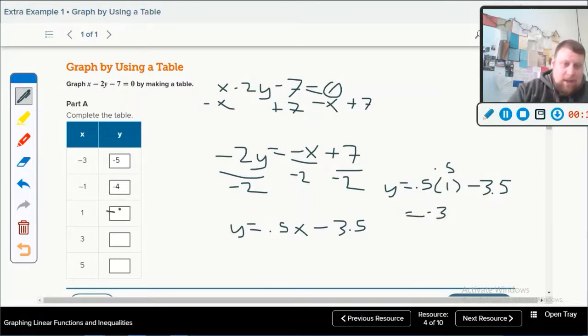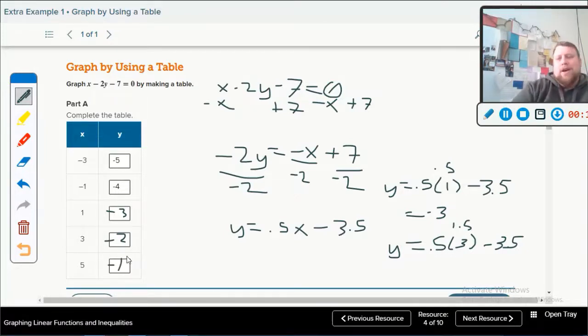And I can just go negative 3. y equals 0.5 times 3 minus 3.5. So that's 1.5 minus 3.5, which is negative 2. And I think we can see as this grows by 2 each time, this is growing by 1, so this is going to be negative 1. You can also see the growth factor in there and know how to grow by.